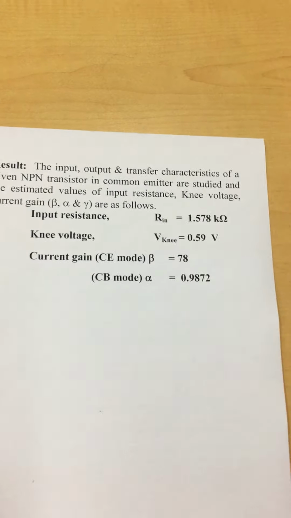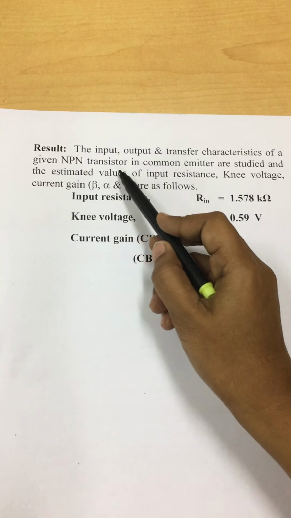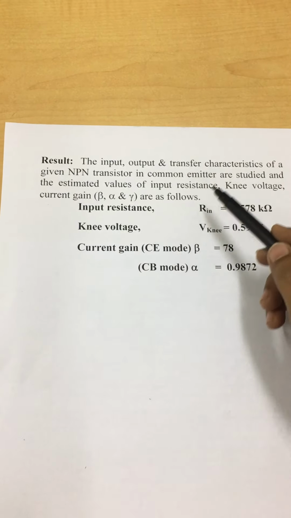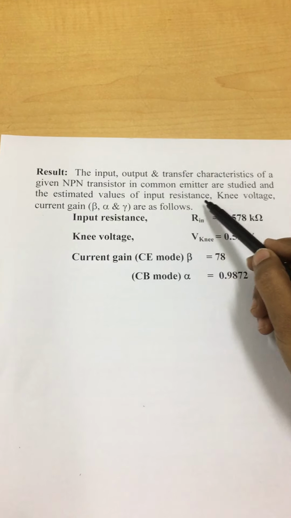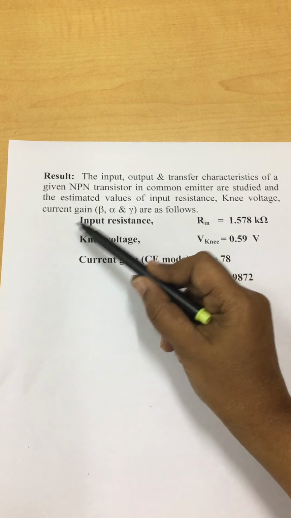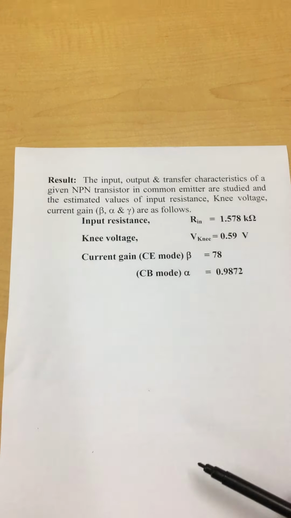So this is the result. The input, output and the transfer characteristics of an NPN transistor in common emitter mode are studied, and we calculated the estimated values of the input resistance, then knee voltage, then the current gain. As I told you from the third graph, beta, alpha and gamma are as follows.